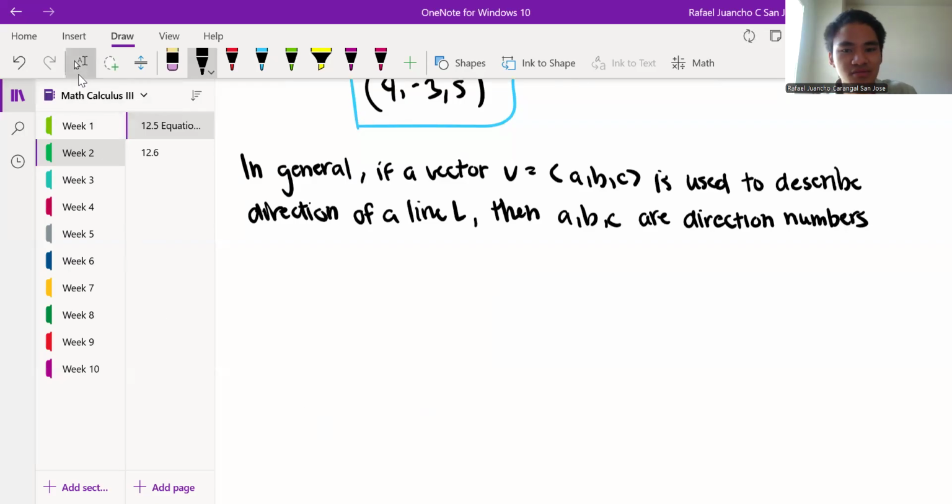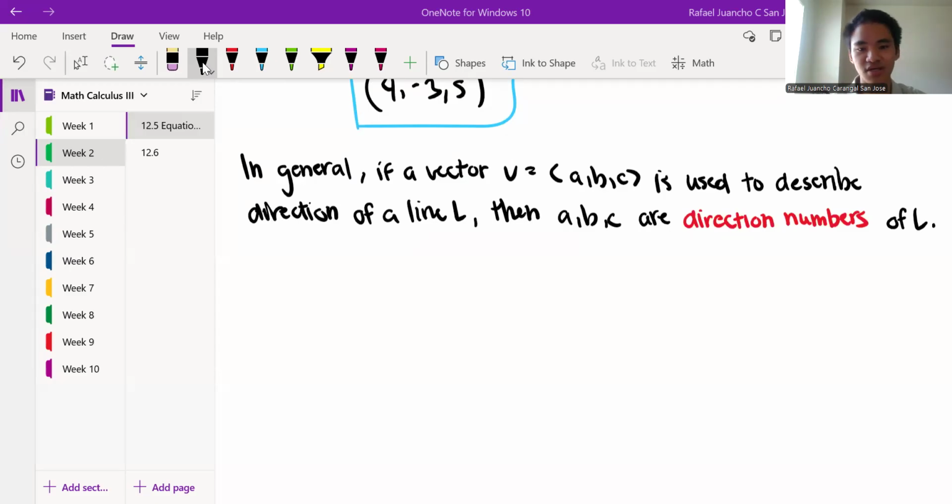Let's highlight it in red. So they're direction numbers of L. Since any vector parallel to v could also be used, because we have different parallels, we see that any three numbers proportional to a, b, c could also be used as a set of direction numbers for L. So if we even scale the vector, so let's say we have 2, 4, 6, that could also be 1, 2, 3, because they're proportional to each other.